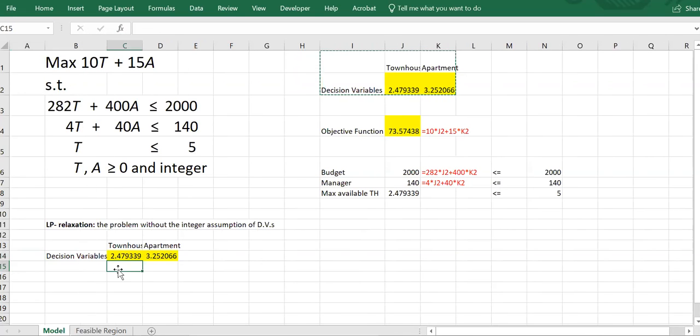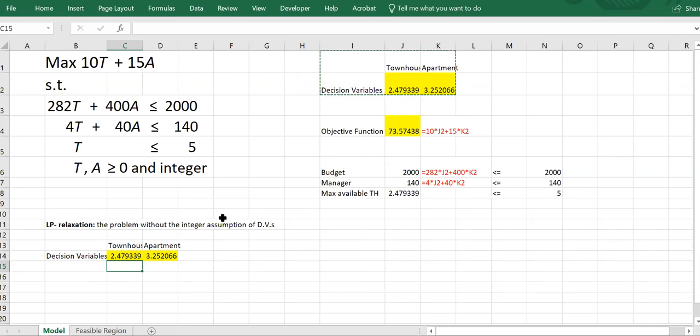But usually in practice, especially when you have a large scale problem, it's much easier and much faster to solve an LP. You can use the simplex method, and it can be solved within seconds or minutes.